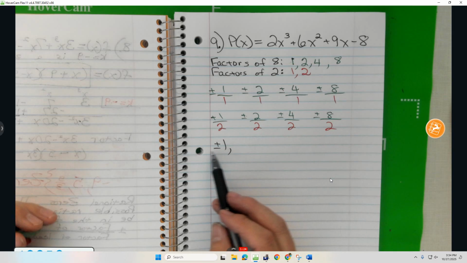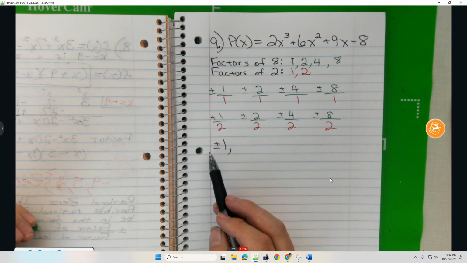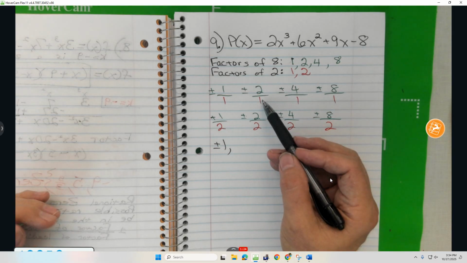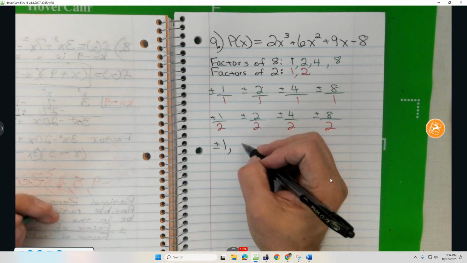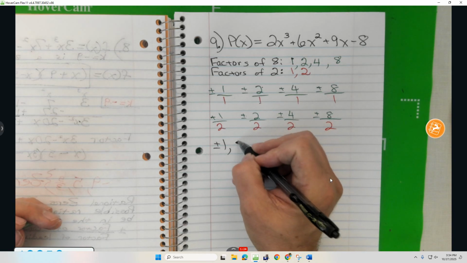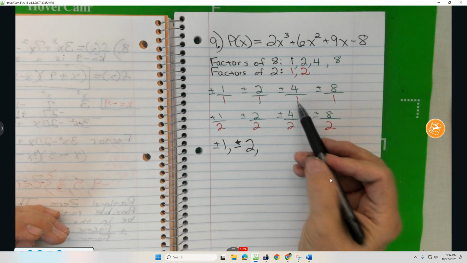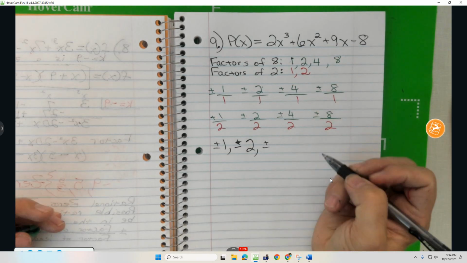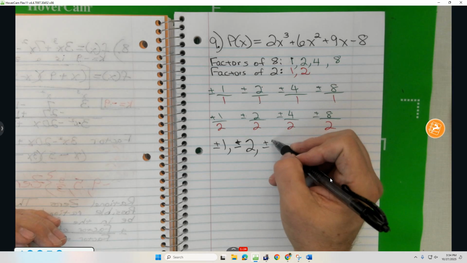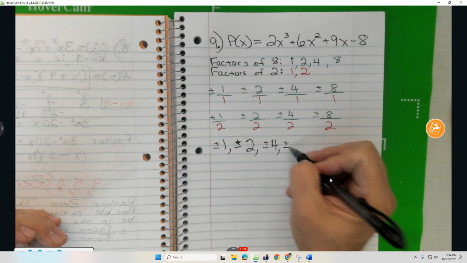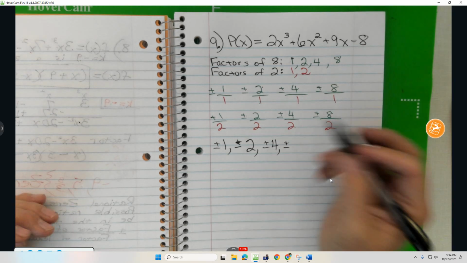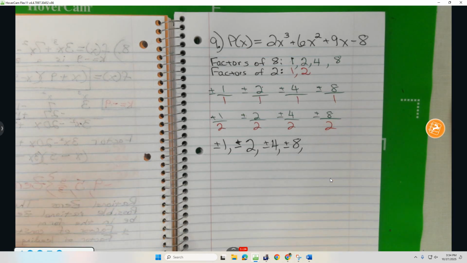So in your list, they'll always be included. Now, what about the next one? 2 divided by 1 reduces to 2. What's this third fraction going to reduce to? 4 over 1 reduces to 4. The next one? 8 divided by 1 is 8.